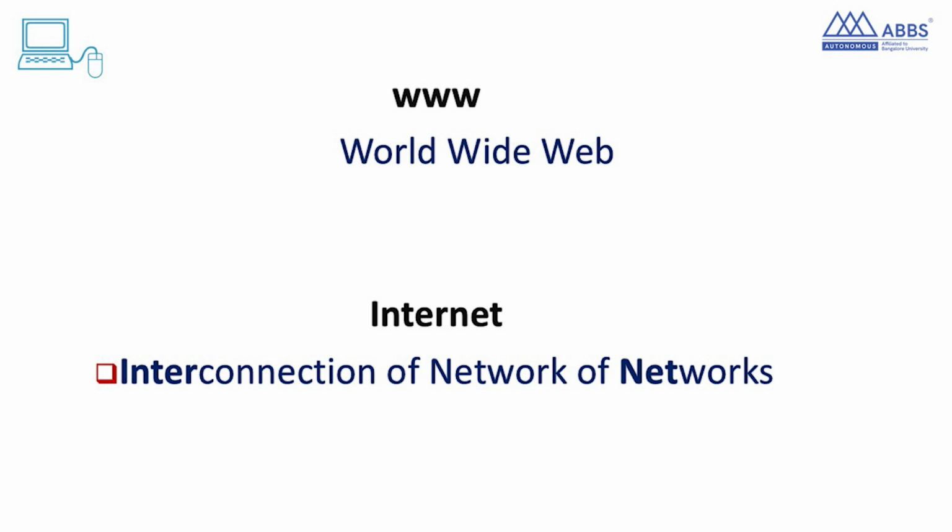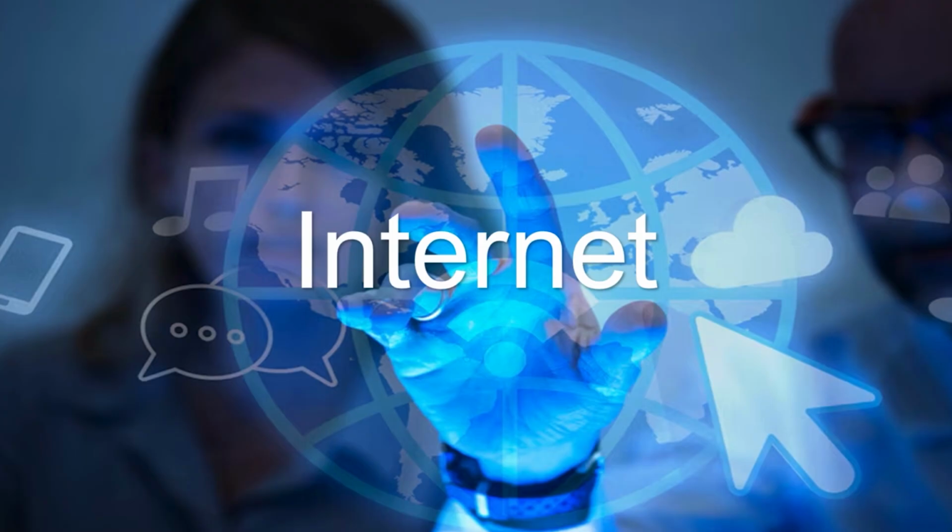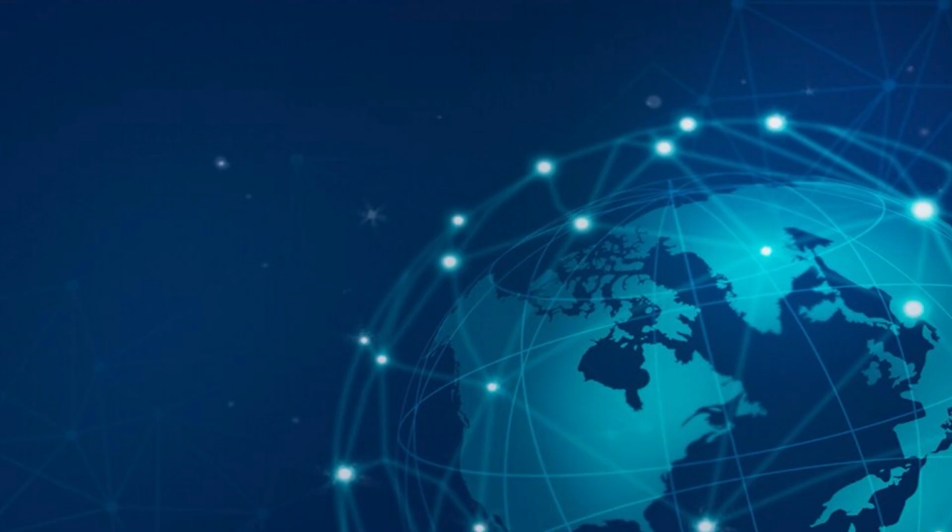Internet, the definition goes like this: interconnection of networks. This is usually for a large geographical area, often spanning across cities, countries or continents. The best example is, as we said already, the internet. So it could connect LANs and other types of networks over long distances.